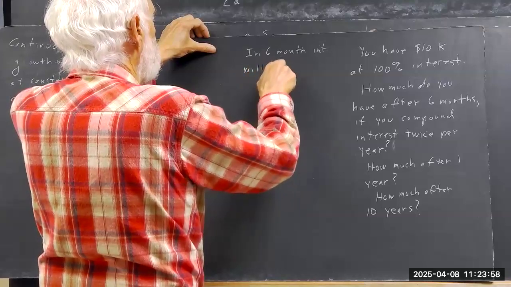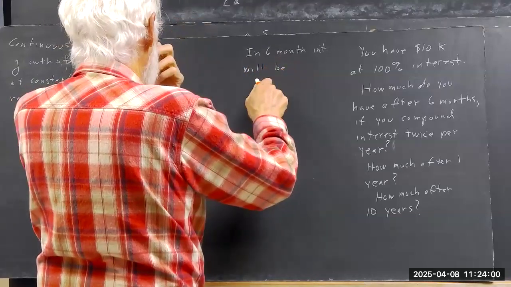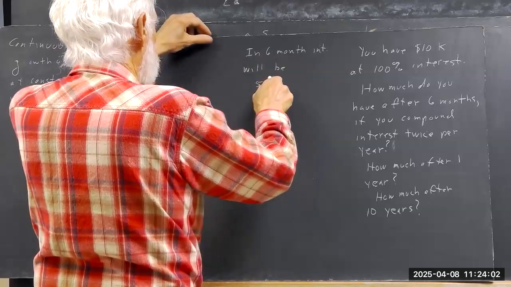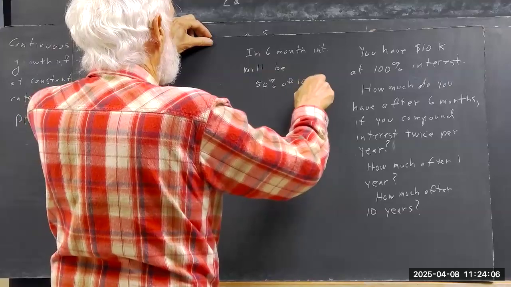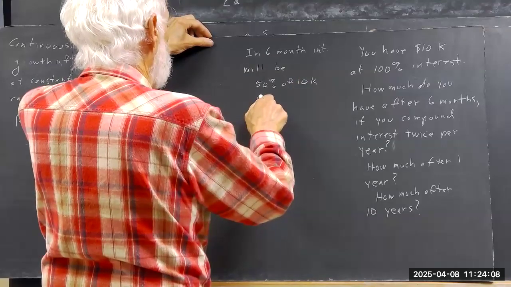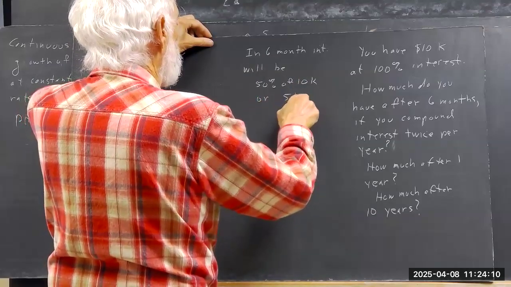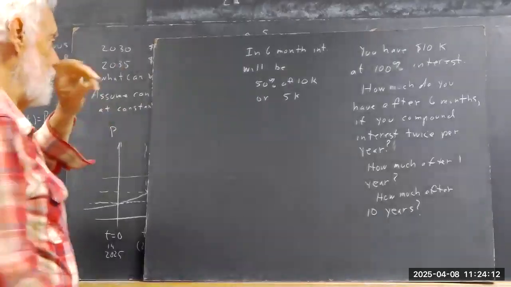After 6 months, interest will be 50% of 10K or 5K.